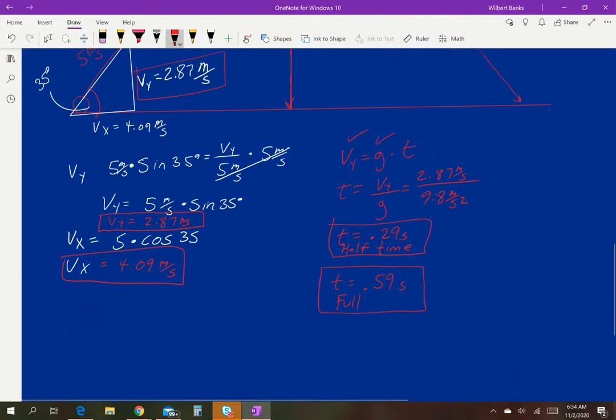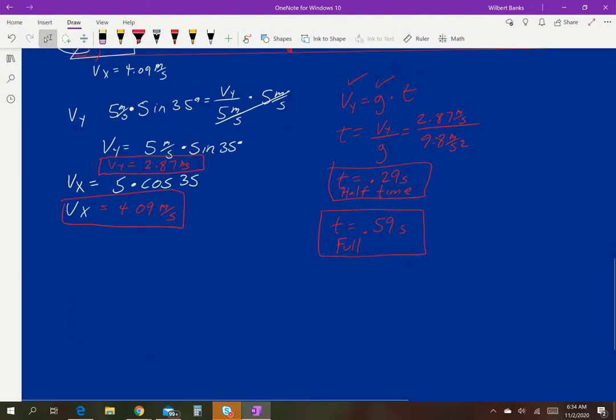So I'm going to find now the dy. To find the dy, I need my equation, 1/2 g t squared. And remember, I like dividing by 2. So I'm going to rearrange this: equals my 9.8 meters per second squared times my half time, which would be 0.29 seconds, and this square only goes for the 0.29 seconds. And that's going to be divided by 2.